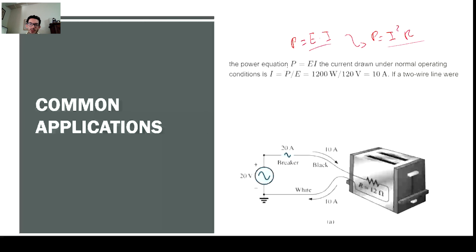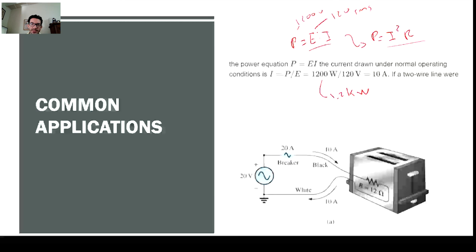But using the power equation, which is voltage times current, for example, under normal operations, you have an appliance that consumes 1.2 kilowatts or 1,200 watts. What is the current used? So just by using this equation, we have 1,200 watts and it takes 120 RMS.